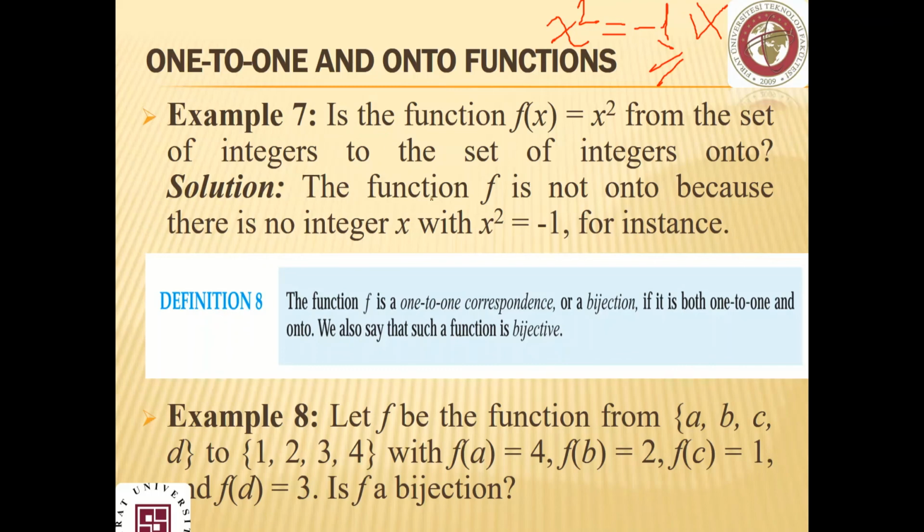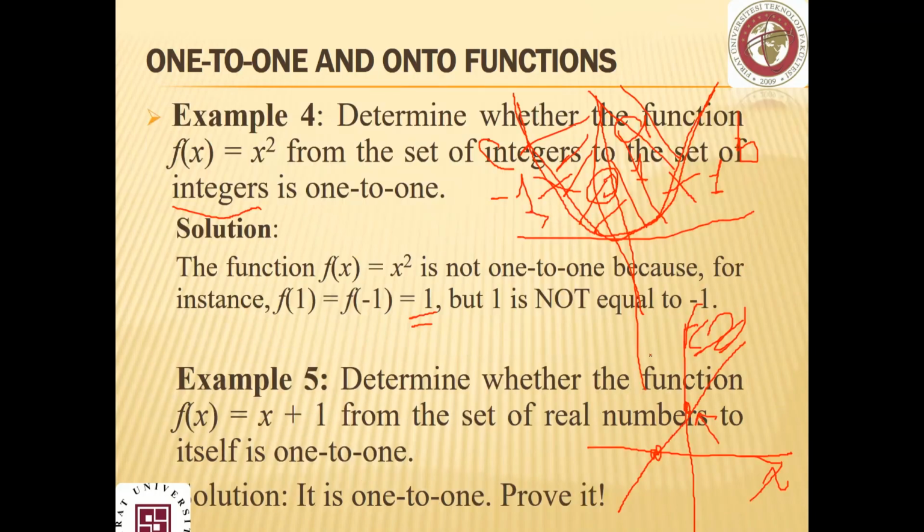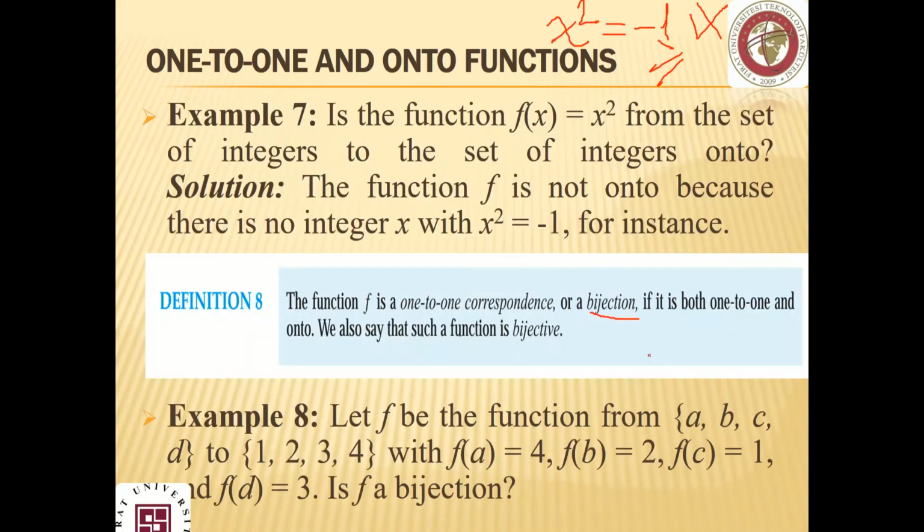Usually we ask about bijection in the exam, because it combines both the surjection and the injection. If we ask, you have to start by 1 to 1, and if it is correct, then you go to onto. If 1 to 1 is not guaranteed, then it's not bijective directly. You don't have to go and check for onto.